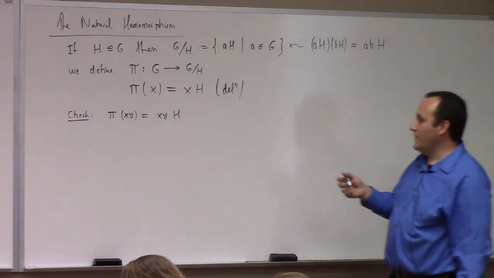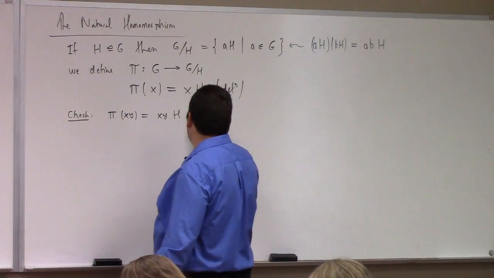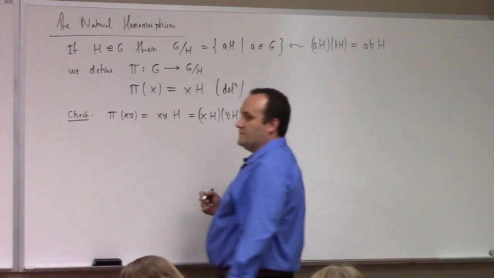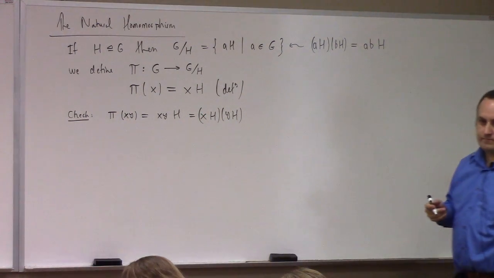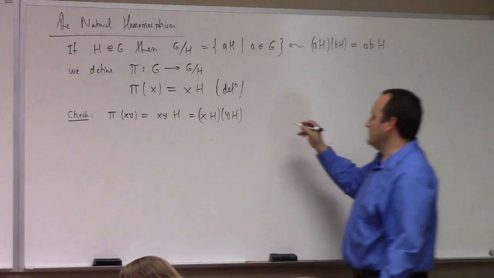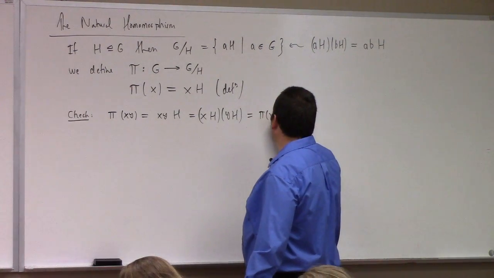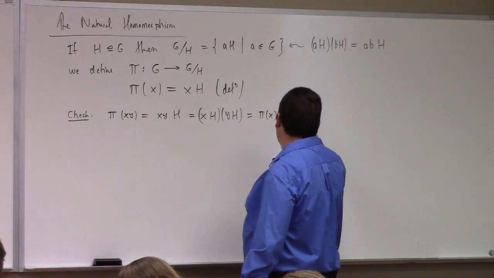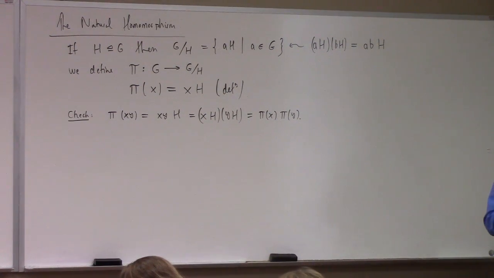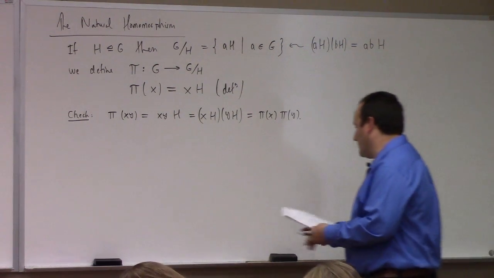And this is xH times yH. We proved that was well-defined last class, given the normality of H. That's pi of x times pi of y, there you have it. So this natural assignment of the coset gives us a homomorphism. I need to prove a theorem for you guys now.